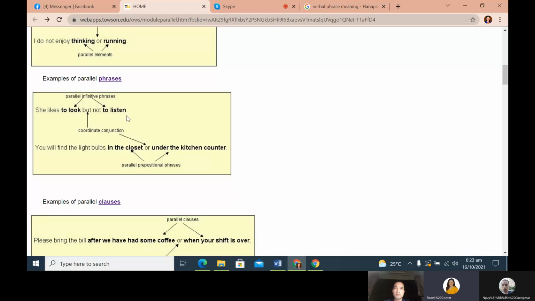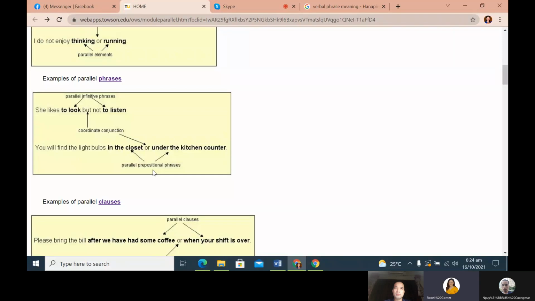Do you understand? Clear. Here the two parts are connected with the conjunction "but."